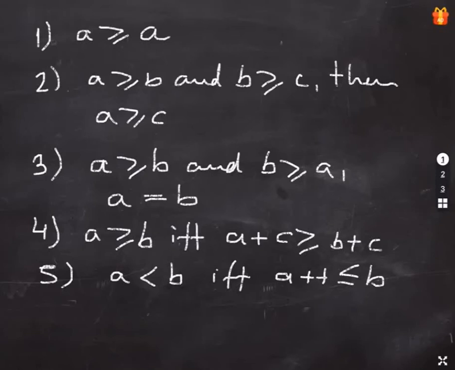And the last one, a is strictly smaller than b, or b is strictly larger than a, if and only if b equals a plus d, say, for some positive number d.